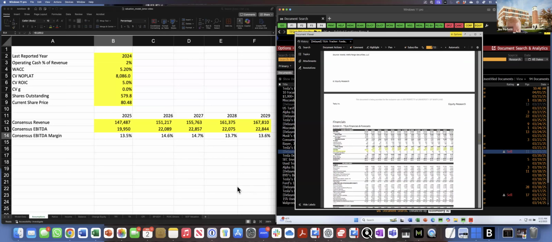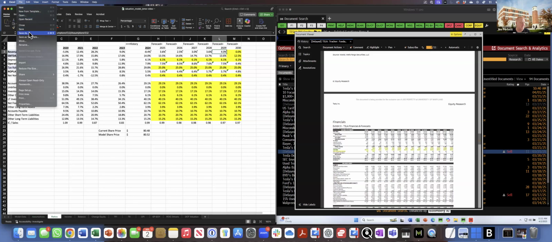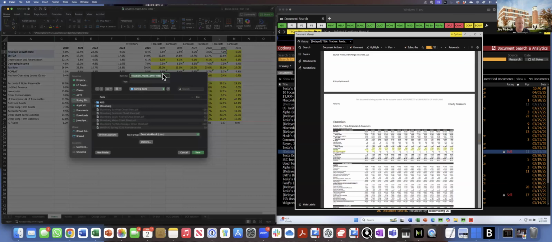So before I go any further, I'm just going to go ahead and put it into ratios. So what I'm going to do is I'm going to go File, my BMW model, Save As, and we're going to call this the Tesla as is.